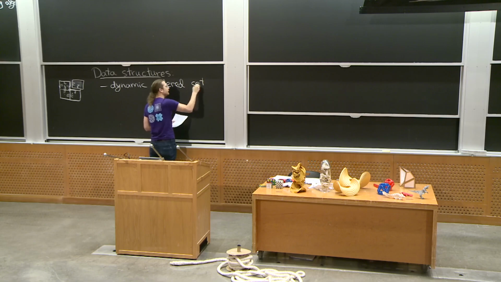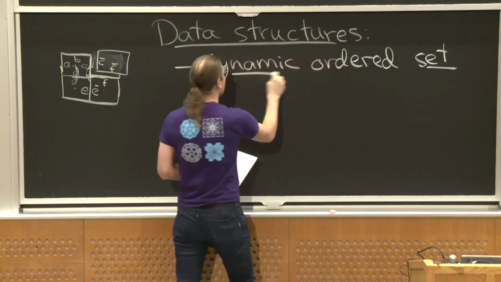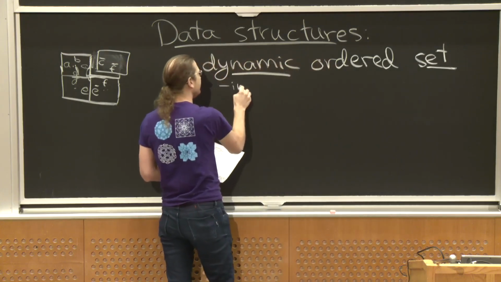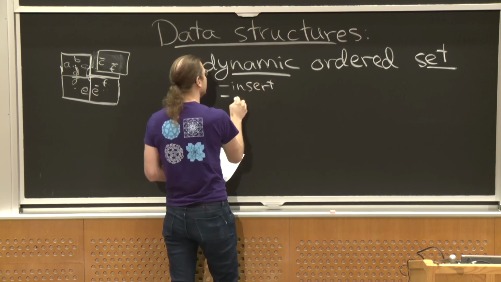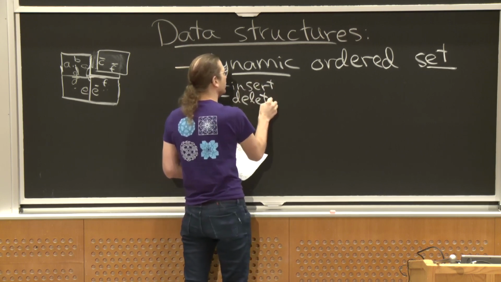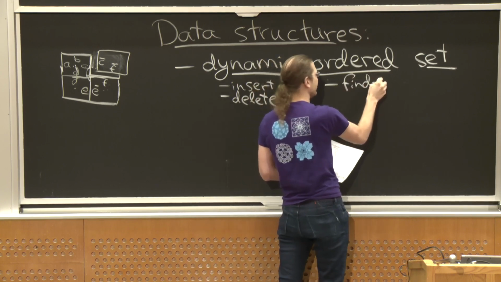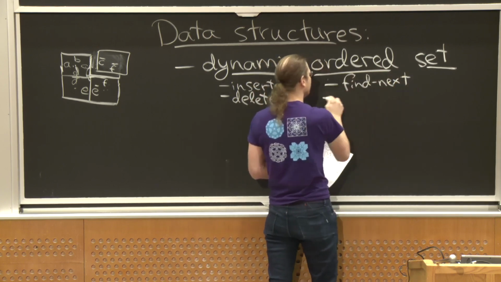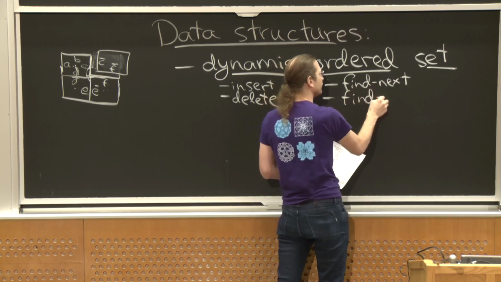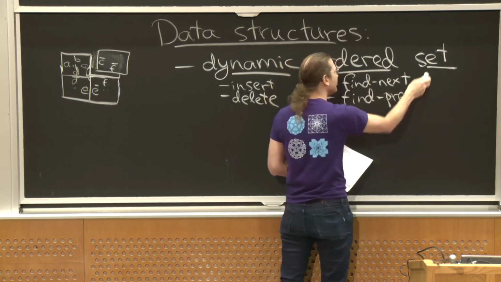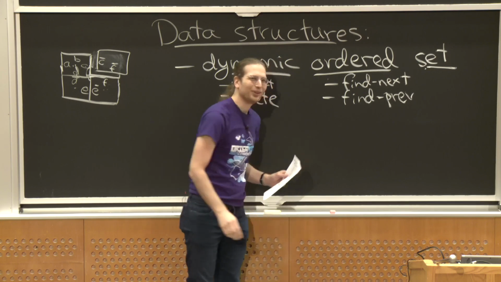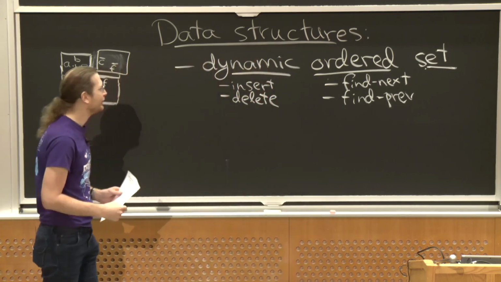So this is the set interface, dynamic in the sense that I have insert and delete, and ordered in the sense that I want to support find next and find previous. Exactly which subset of the set interface you choose influences what data structure you've seen.